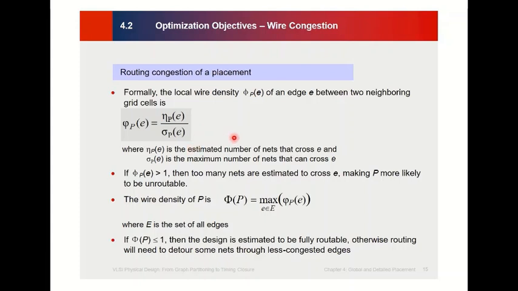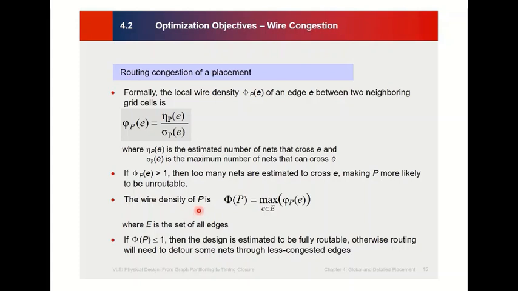Eta is the estimated number of nets that cross E, and sigma is the maximum number of nets that can cross E. If the ratio is greater than 1, then it indicates that not all wires may be routable.